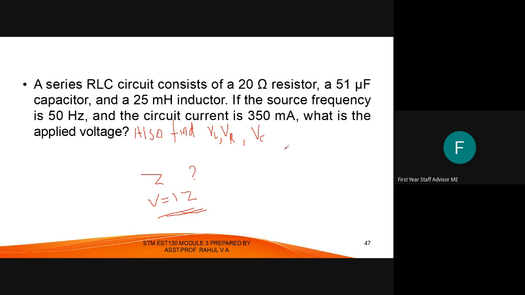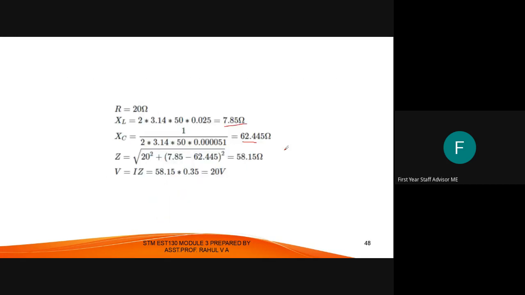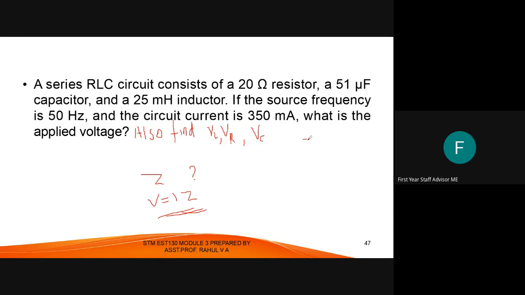Okay, so once again I check the values: 7.85 and 62.445. This is XL, this is XC.